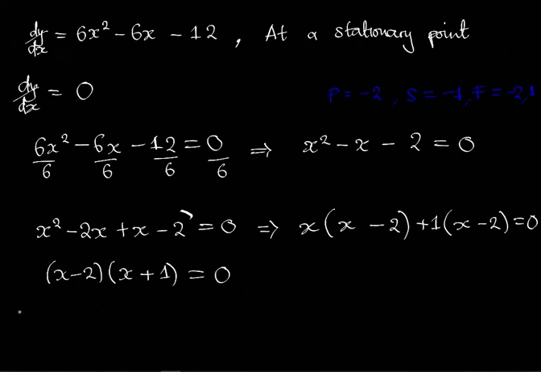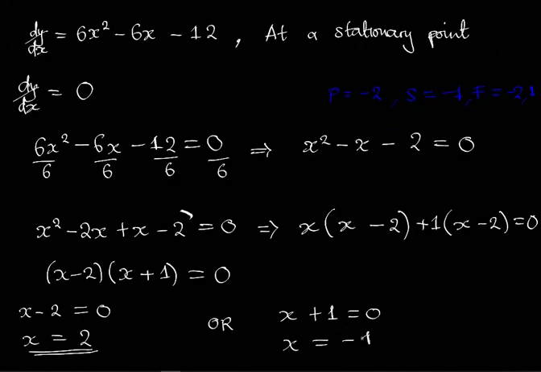So for the first one, x minus 2 is equal to 0, so x is equal to 2. While for the other one, x plus 1 is equal to 0, and x in this case is going to be negative 1.